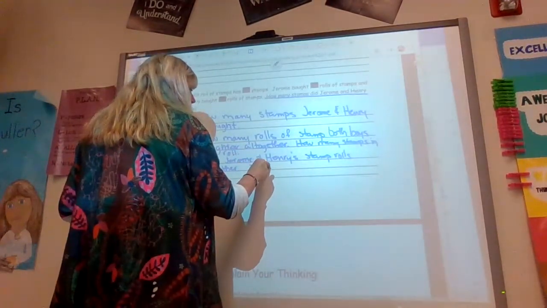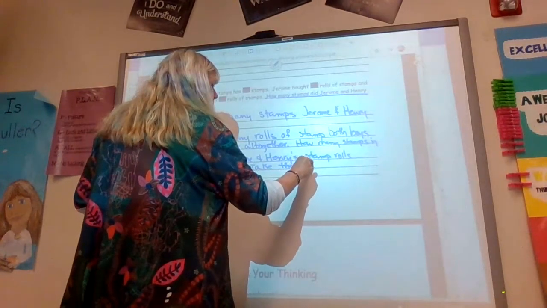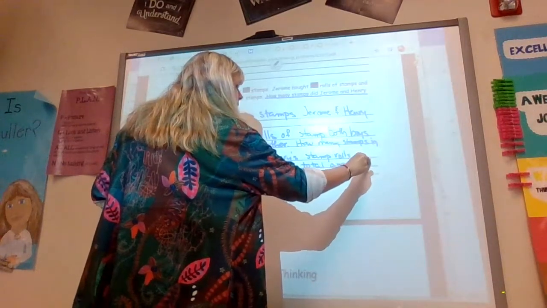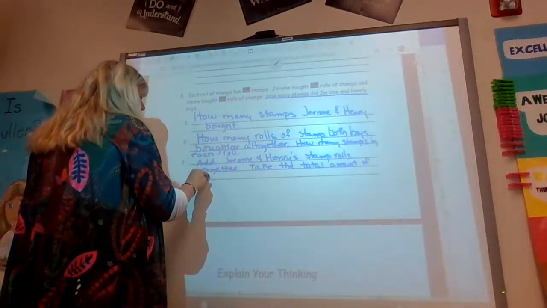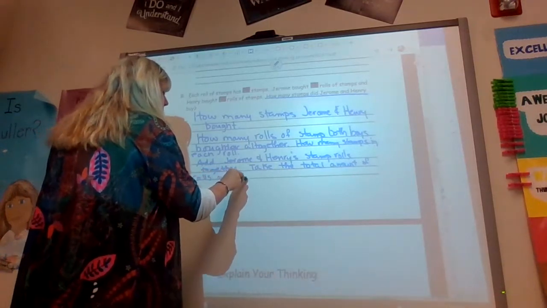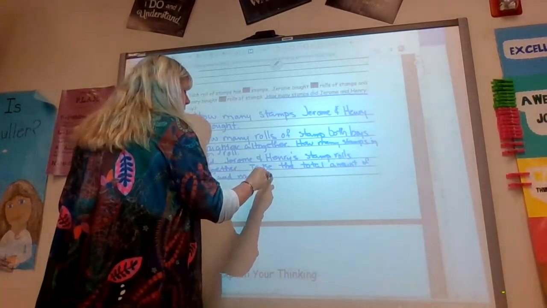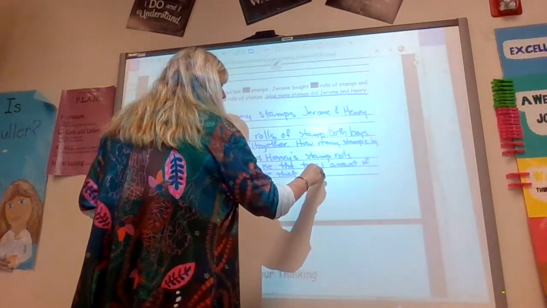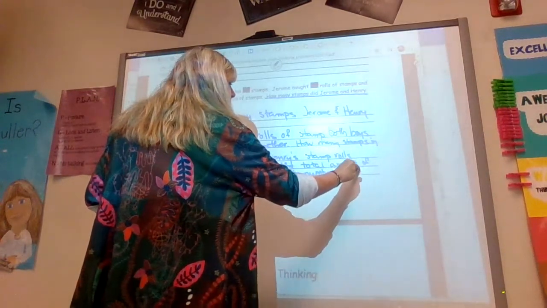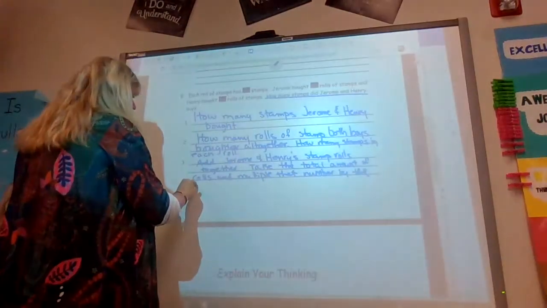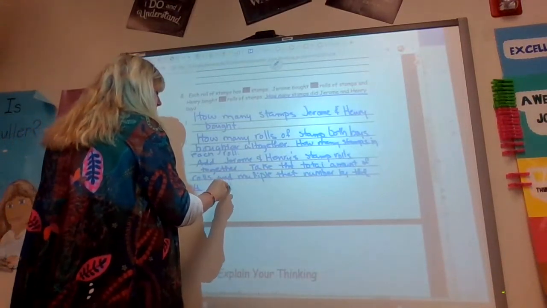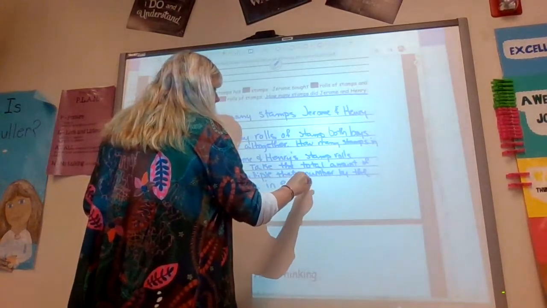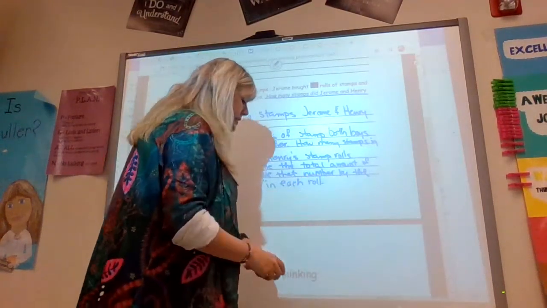Take the total amount of rolls and multiply that number by the number of stamps in each roll.